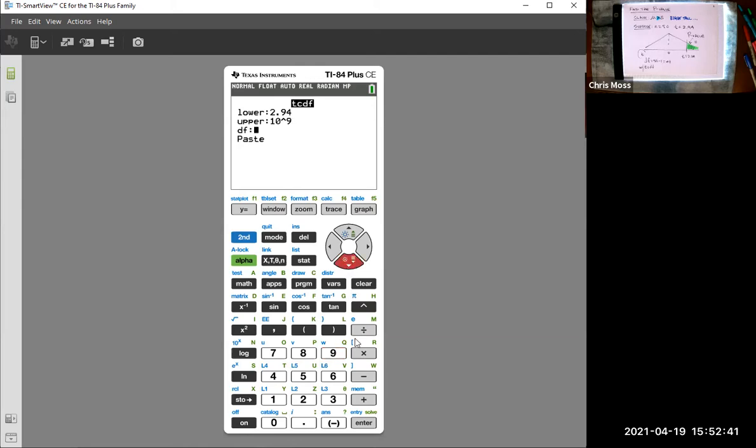Degrees of freedom, it's 49. I can actually put in 50 minus 1 if I'm afraid I might get that wrong. So let me go ahead and paste that in. Hit enter, and I get 0.02498, 3 significant digits, 0.00250.